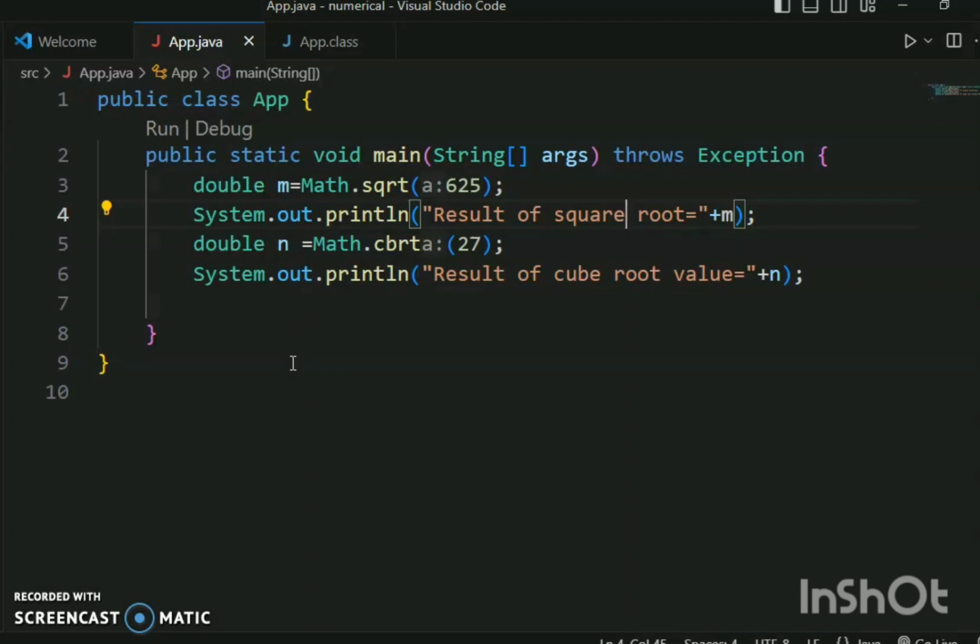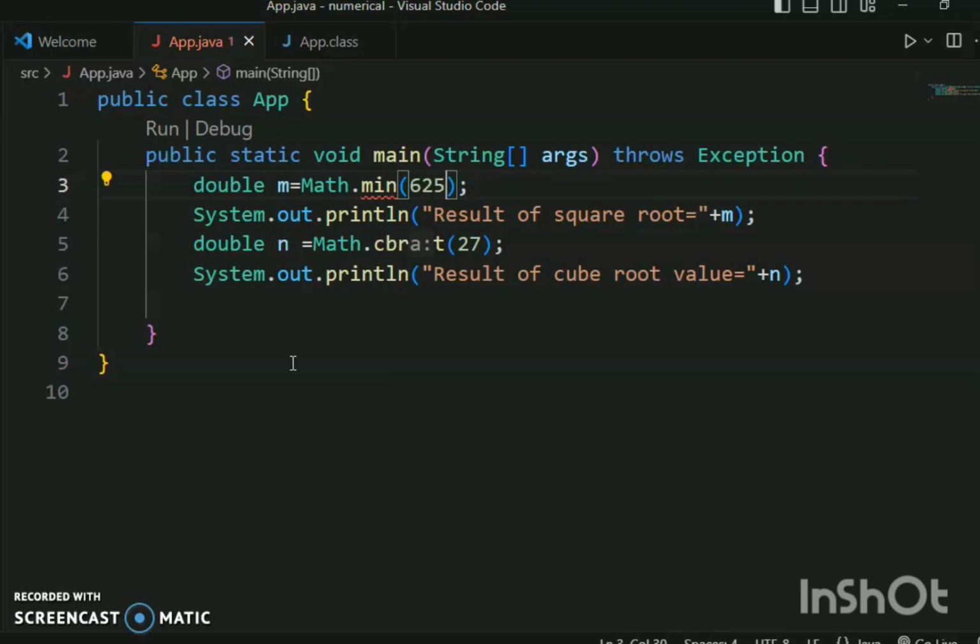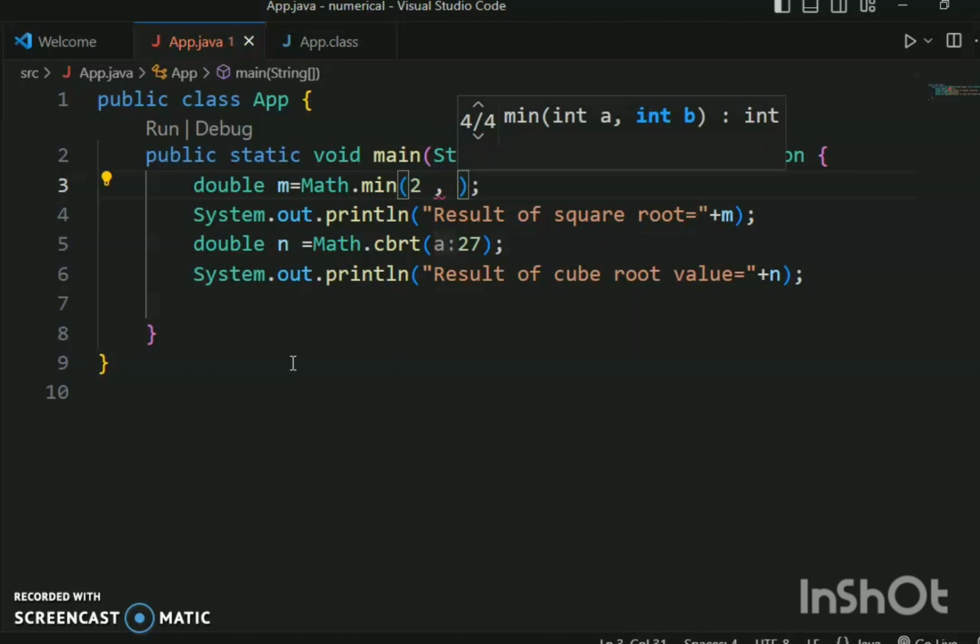Suppose I change to another one, the min value. Min, max. So I just change the value. Suppose it is min, so there are two arguments. Then I can write argument 1 and 7.